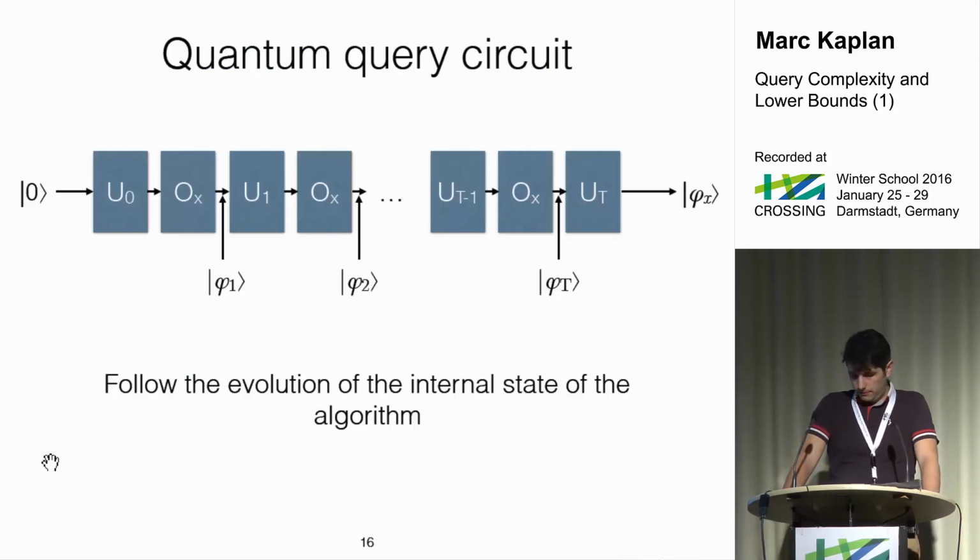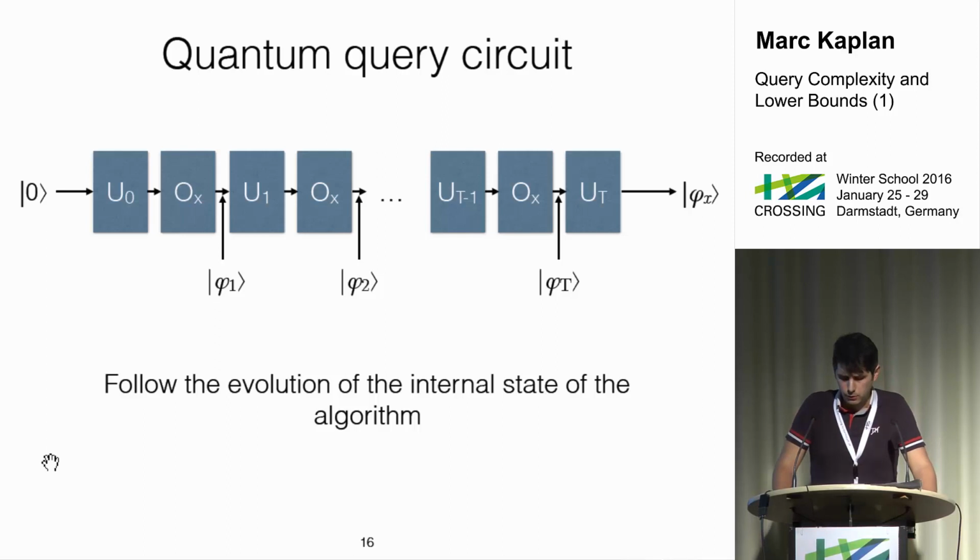Okay, so the quantity that we're going to keep track of here is just the internal state of the algorithm. It starts at 0, it ends up at psi x, and at each step, we're going to look at how this state evolves.